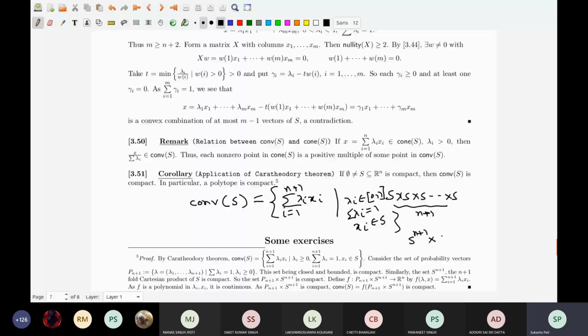This set is compact, and you are defining a function f from this set as f of S1, S2, ..., Sn+1, comma lambda 1 to lambda n+1, equal to this sum. And that is continuous. In fact, you don't need the inside brackets. You can delete them. That is fine.